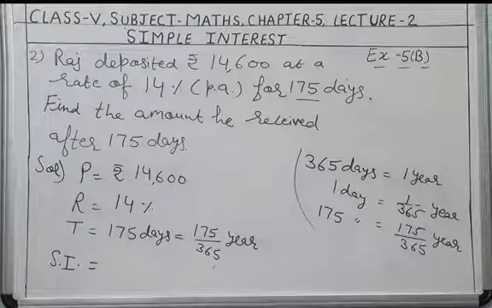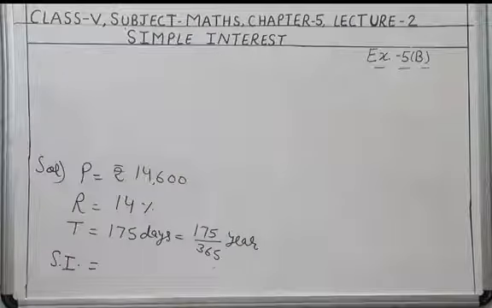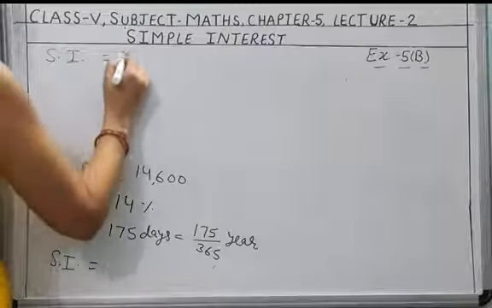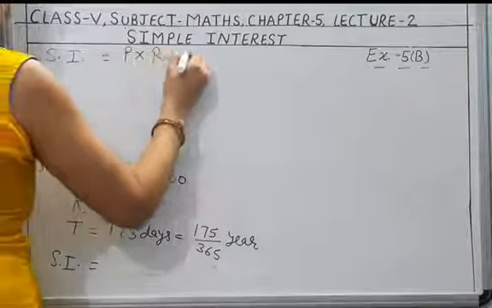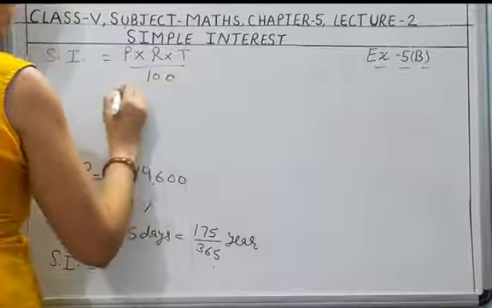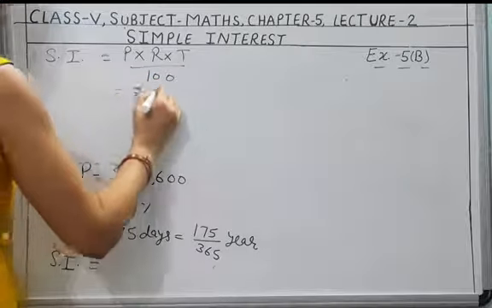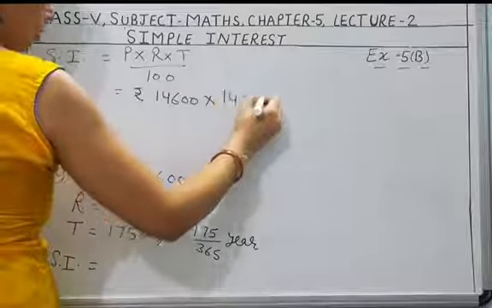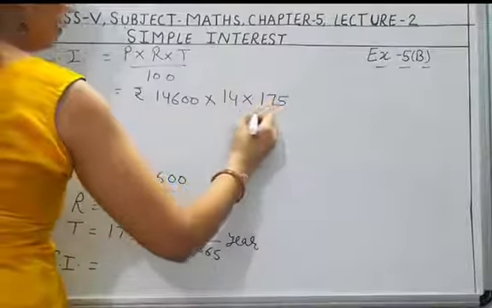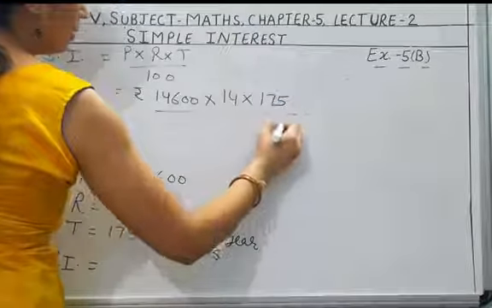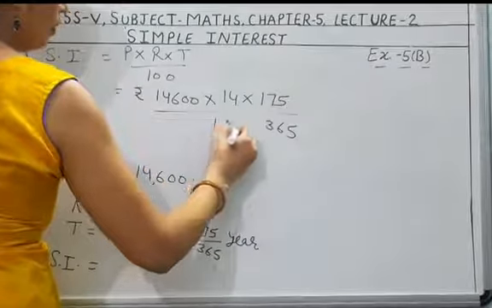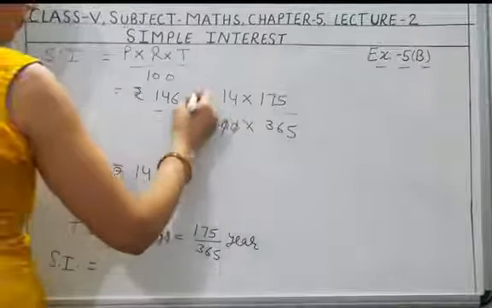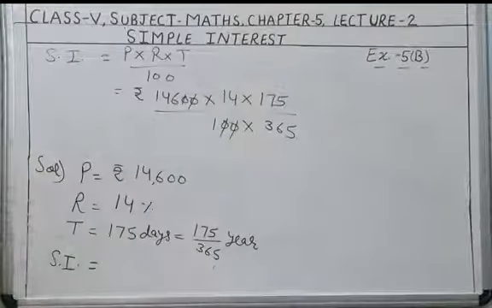Understood? So you know the formula of simple interest: principal into rate into time upon 100. Principal rupees 14,600, rate 14%, time 175 upon 365, upon 100 is also there. Now cancel these zeros, right?